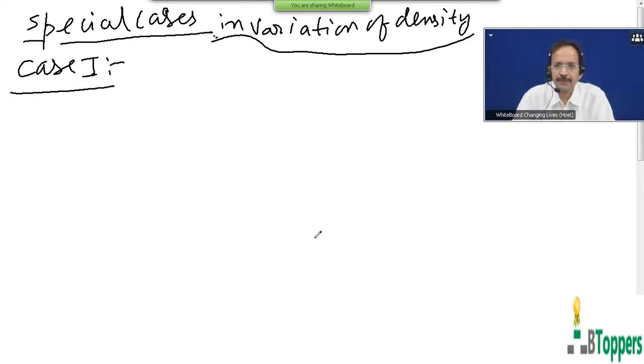So next I am going to discuss some special cases in the variation of density. There will be some problems and questions in the next part of the assignment based on these special cases. It's not compulsory that you have to remember the conclusion of each special case now, but you should understand the discussion or calculation which I am explaining in each special case.